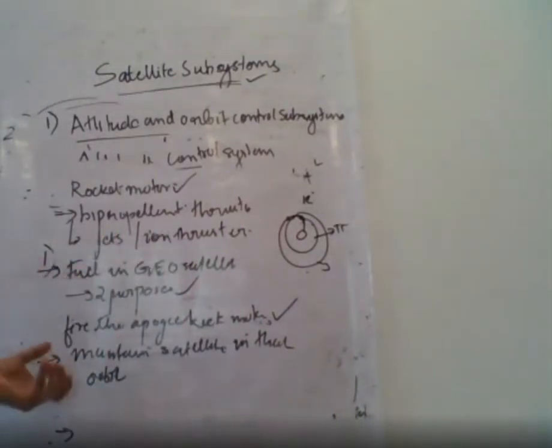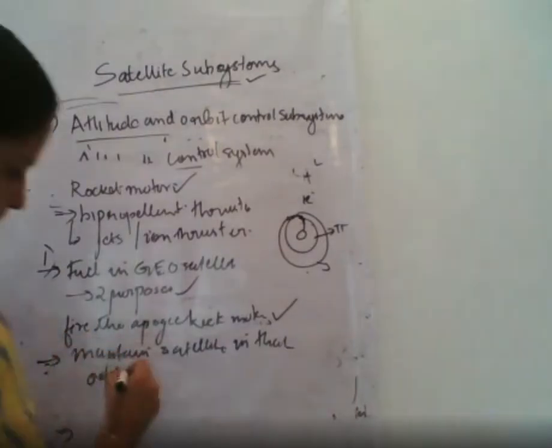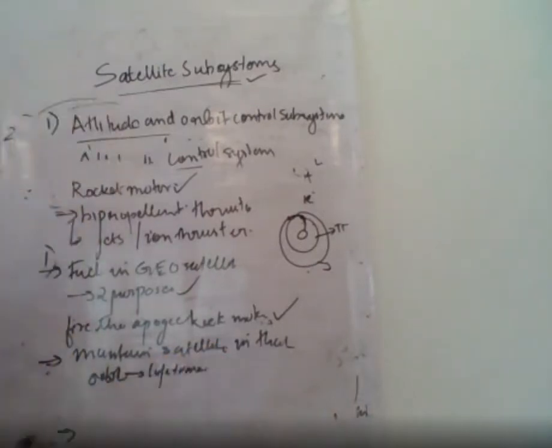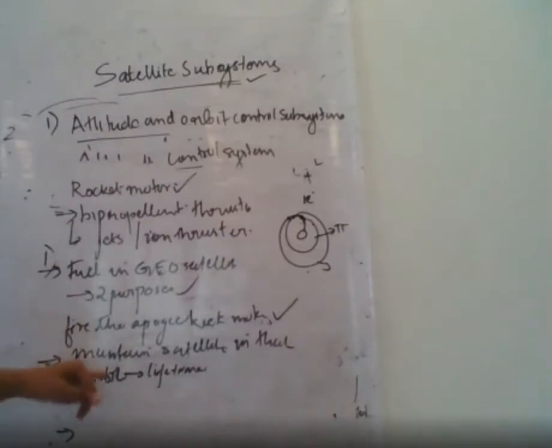The second part of the fuel is used for maintenance of the satellite in the orbit for its lifetime. So fuel in a GEO satellite is used for two purposes. The first one is to fire the apogee kick motor, and the second one is to maintain the satellite in that orbit for its lifetime.